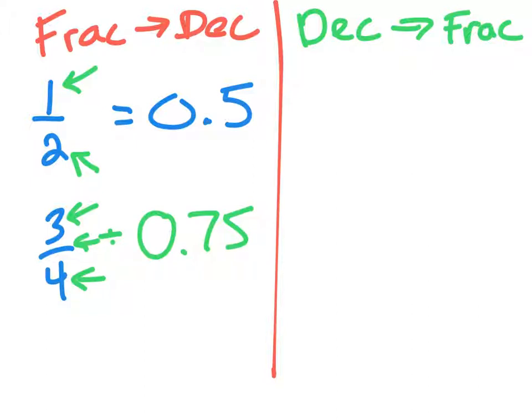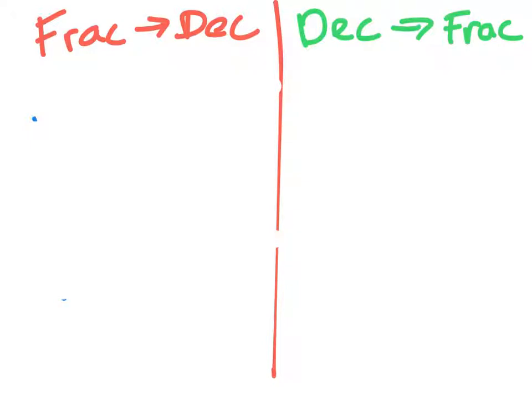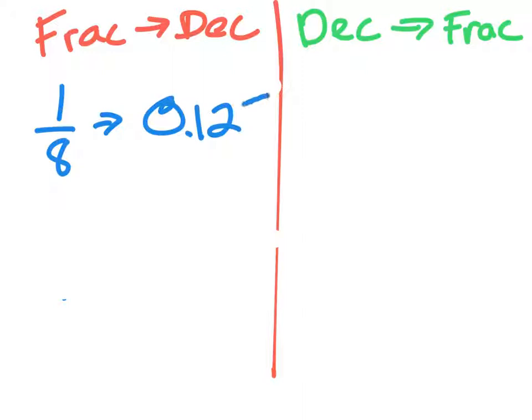Maybe, just giving you a different one, if we had the fraction 1/8, that gives you the decimal 0.125. So that's just a real quick, easy way to convert your fractions into decimals.